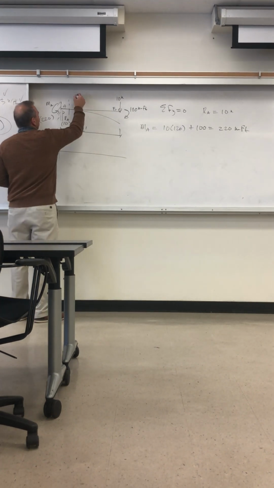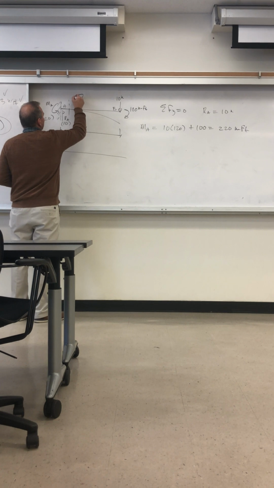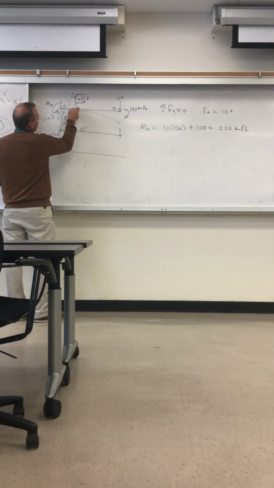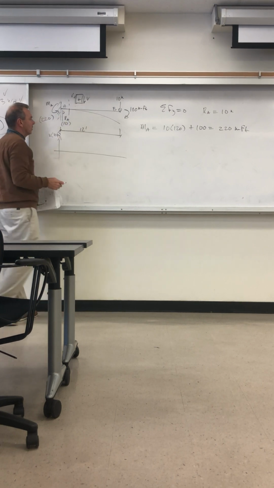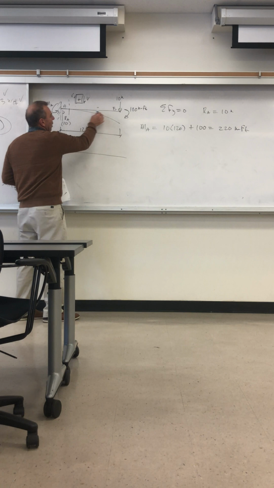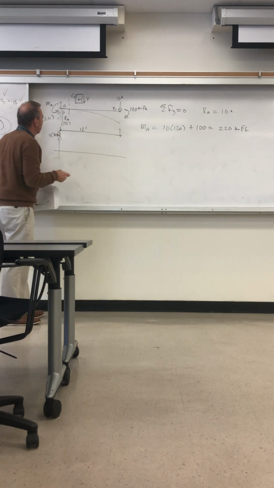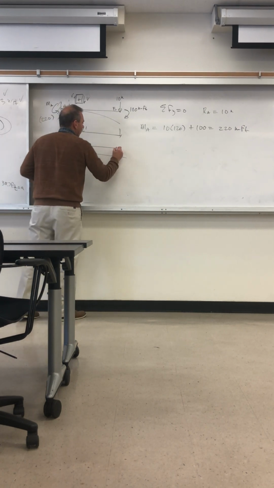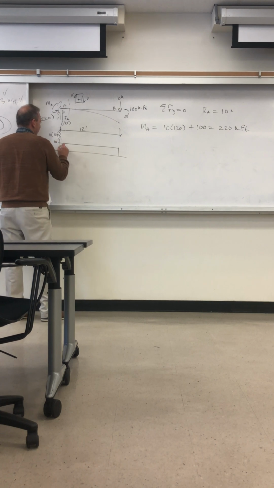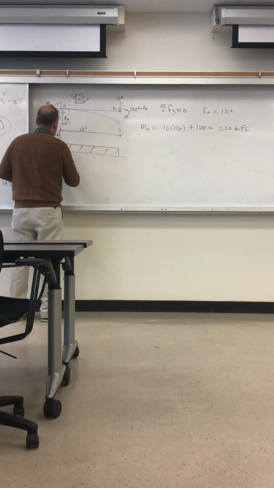Remember our little definition of positive shear? If this cut is right there, this force is up, this is definitely positive shear. There's no force along here that's changing it, so it's going to be constant over the length. 10. That's it.